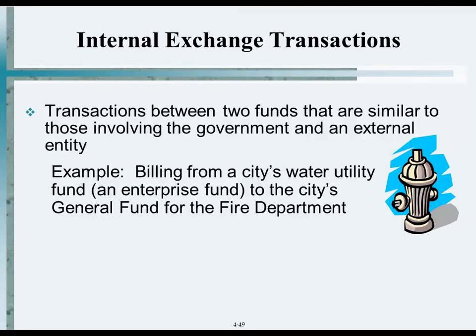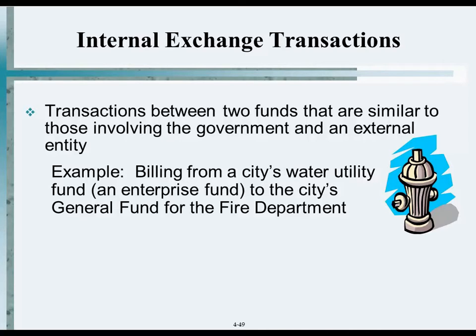Not far from you is a home which is worth half of what your home is worth. They have 5 kids going into school. They are paying taxes on the value, not on the number of kids that are going to school, right? That's your non-exchange transaction, because there's nothing of comparable value that is being traded across, okay?